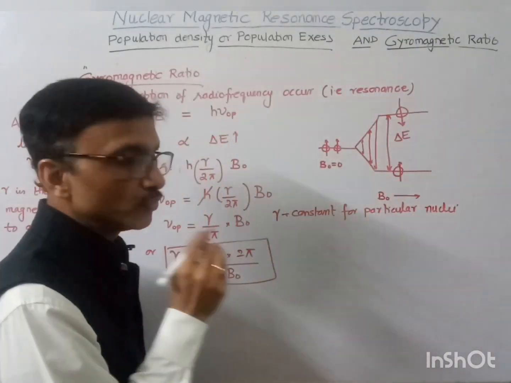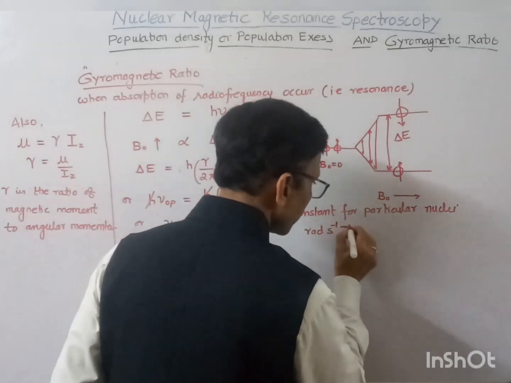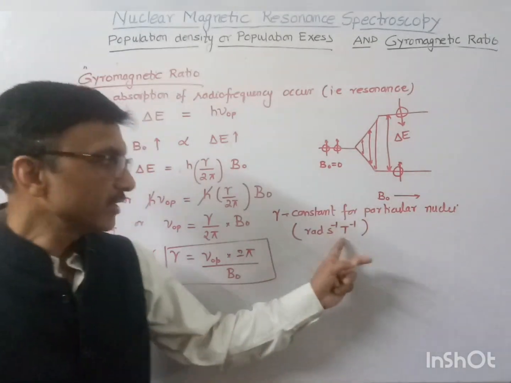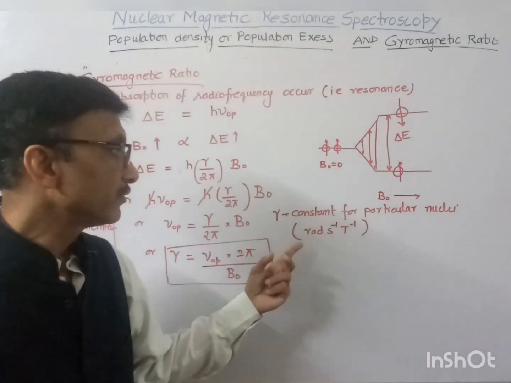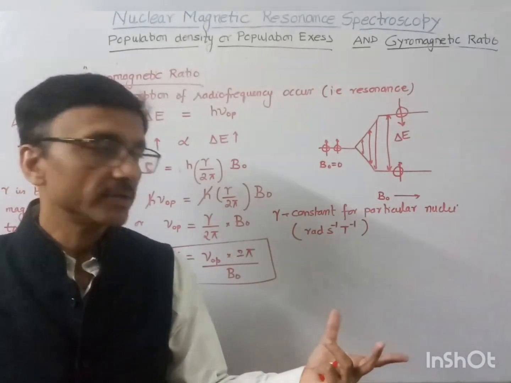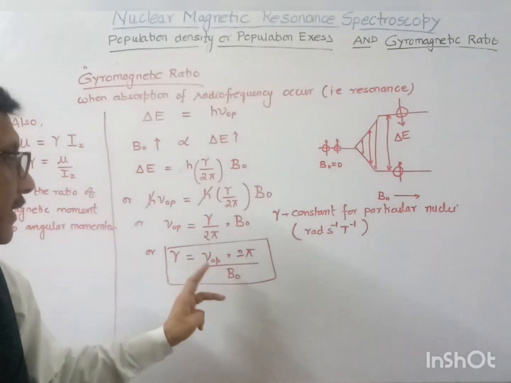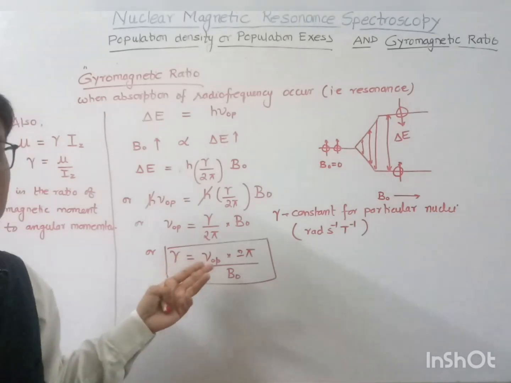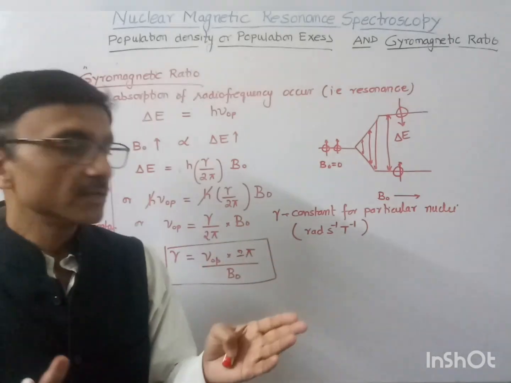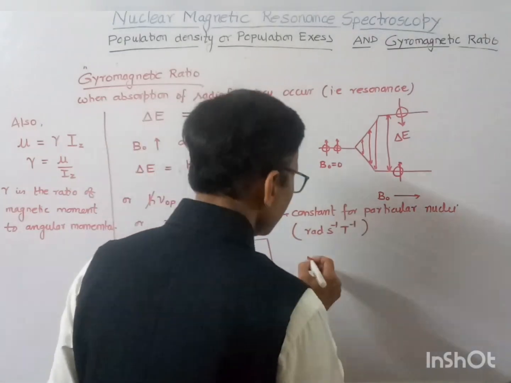And the unit of gamma is radian per second per Tesla. It means at 1 Tesla magnetic field, what is the value of gamma? That value is for a particular nuclei. If B is 1 Tesla, and we know the operating frequency where we get the signal, then we can get gamma.